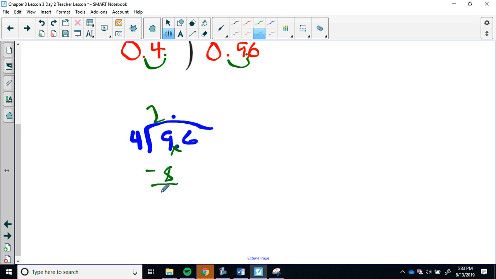Subtract that. You got 1. Bring down the 6. How many times does 4 go into 16? 4 times. So our answer is 2.4.